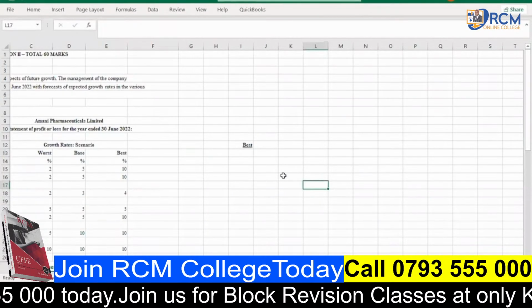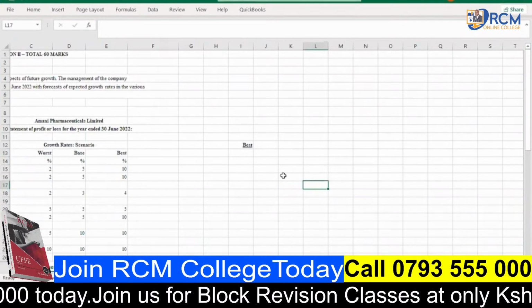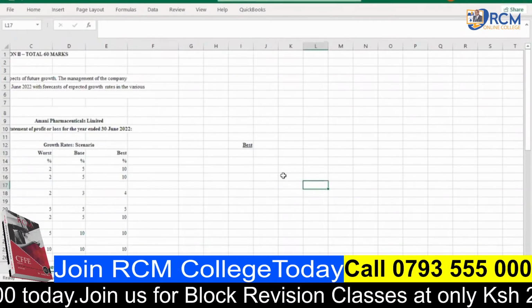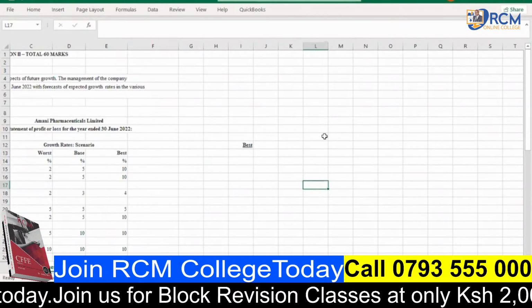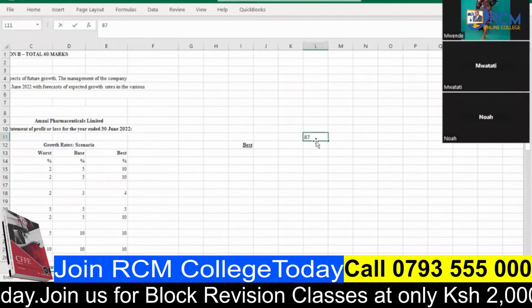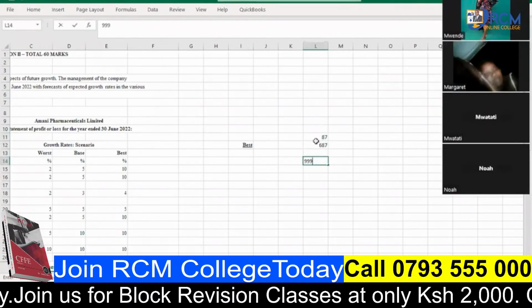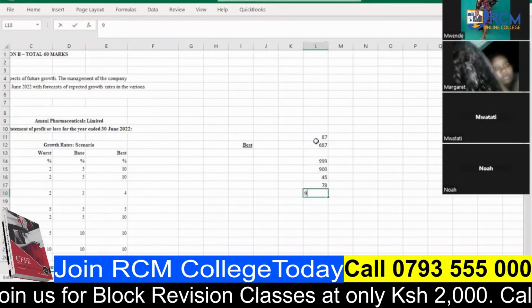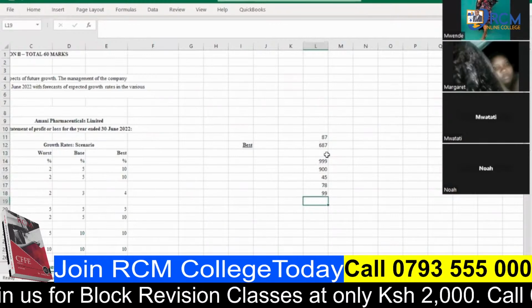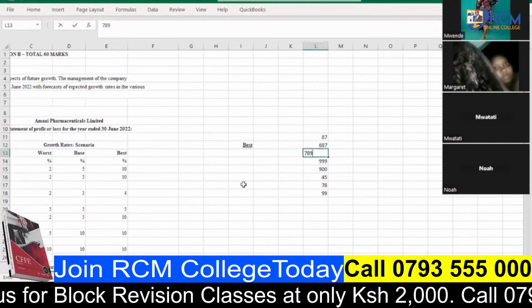So we just have our values here. Let's have our values down here, just somewhere there, then start testing the choices that the examiner is giving you.